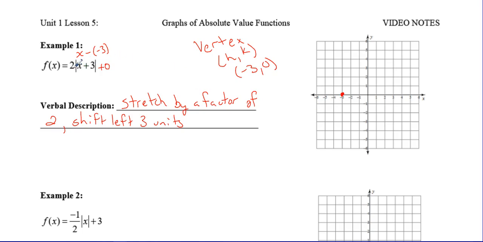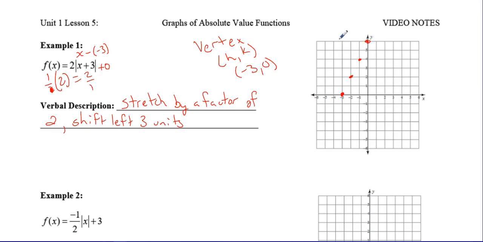And now again, because this is linear, absolute values move in a linear motion, and it used to be 1 over 1, I'm now multiplying by 2. So 1 over 1 multiplied by 2 gives me a slope of 2 over 1. So from my vertex, I can go up 2 over 1, up 2 over 1, up 2 over 1.